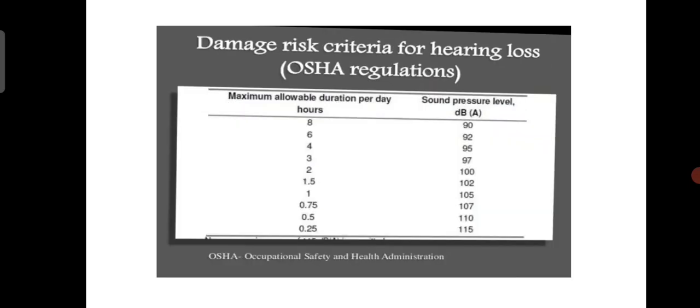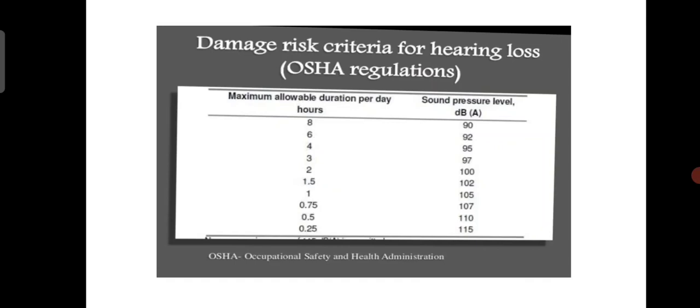The Occupational Safety and Health Administration has given regulations for employees working in industries. For 90 decibel measured in A scale, the maximum continuous duration allowed is 8 hours.